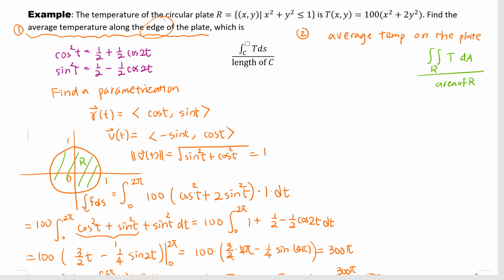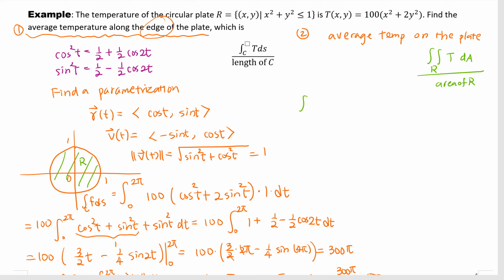We talk about double integrals, triple integrals, and now line integrals. So how do we find the average temperature on the plate? Well, first we want to find the double integral. In this case, it's better to use polar coordinates.